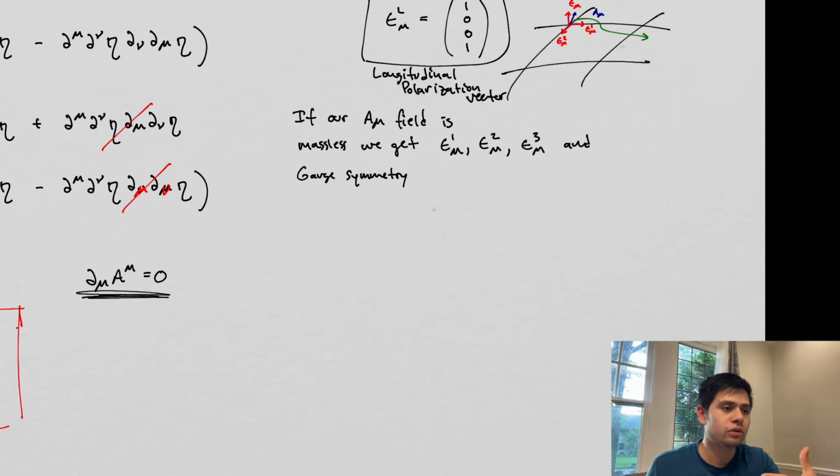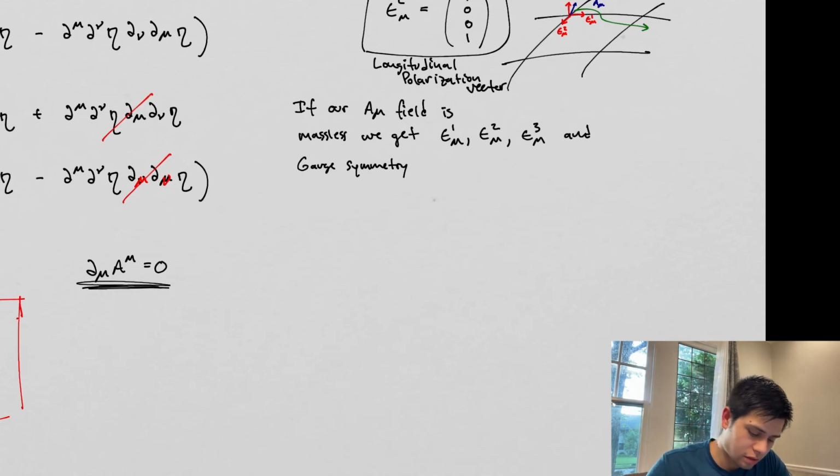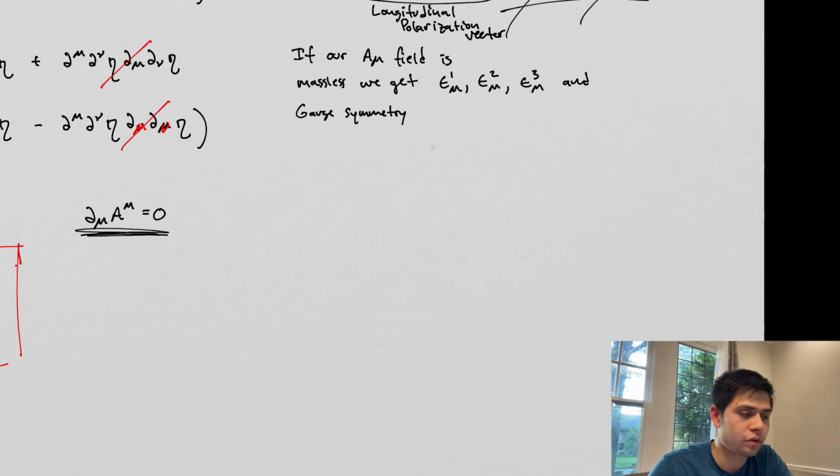The book goes a little bit more in depth here. It basically gives an example. It says, okay, let's suppose our A mu nu has this structure. A mu nu is a function of x mu, and it has, again, our polarization vectors, which determine the internal structure of our space-time.